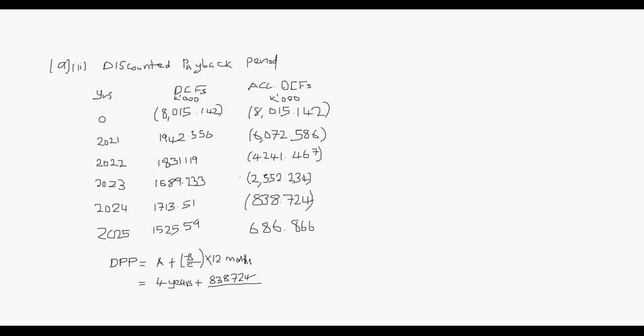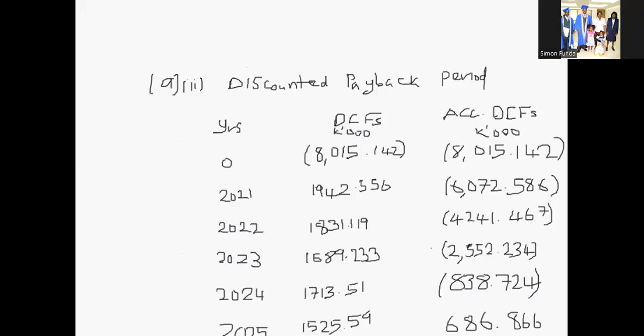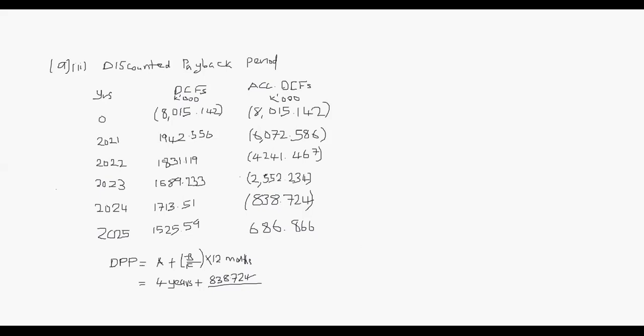Divided by the positive B, in fact it's supposed to be B. Let's just expand this. The positive B is this one here in this column, in year 2025, where we have the positive figure.